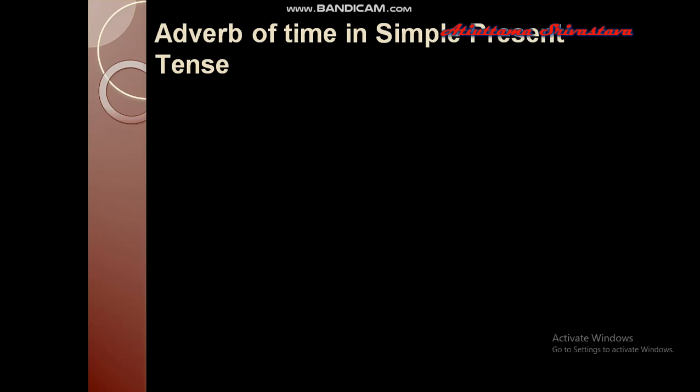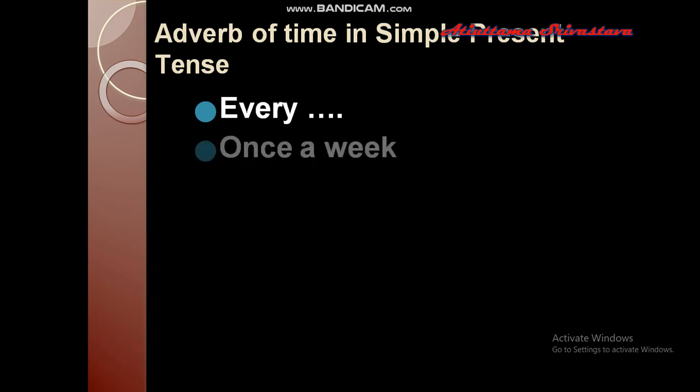Adverbs of time in simple present tense. Every. We can use the word every to express simple present tense. Every day he goes for a walk. Once a week we get the magazine at our doorstep.